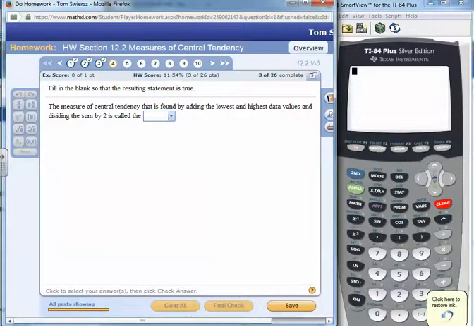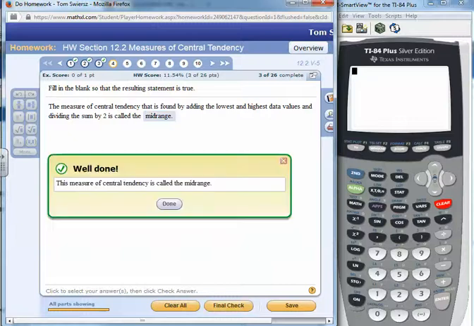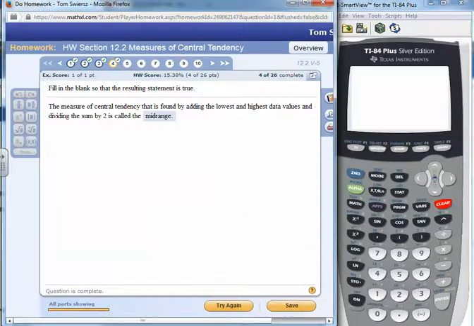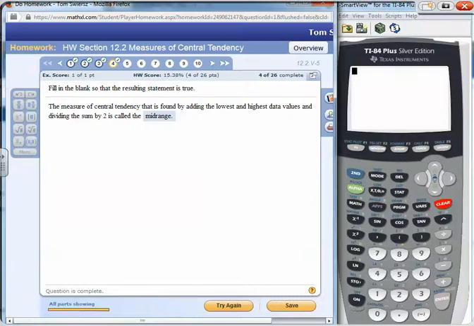And finally, the central tendency that is found by adding the lowest and the highest value, and then dividing by 2, is called the mid-range. Now be careful. If the data are not in order, like if you have 75, 68, 90, and 88, remember it is the lowest and the highest, so you have to find them.